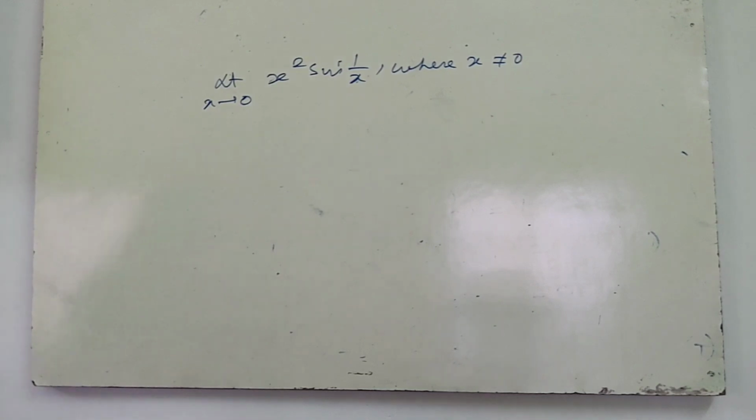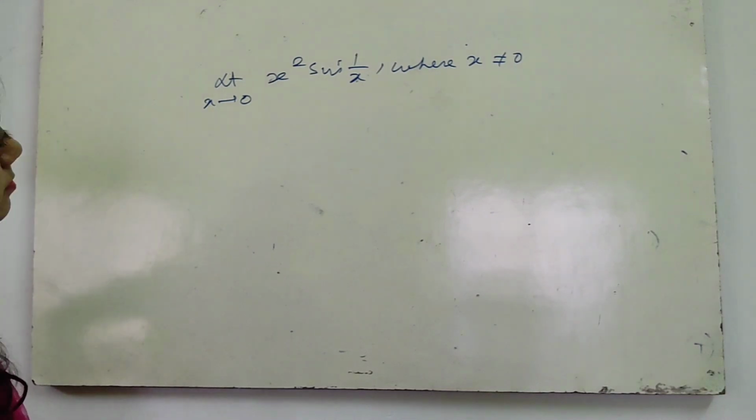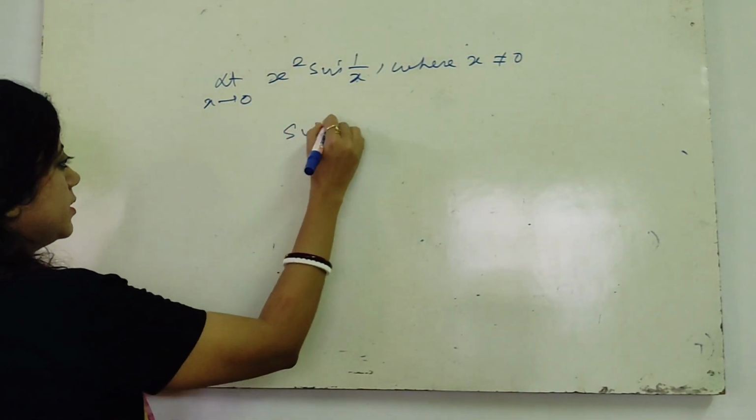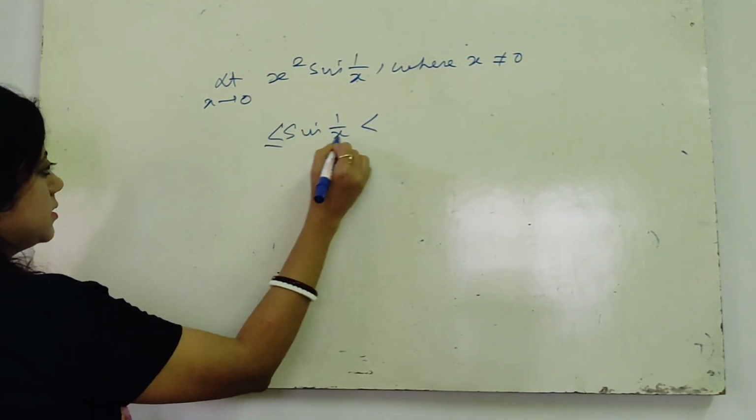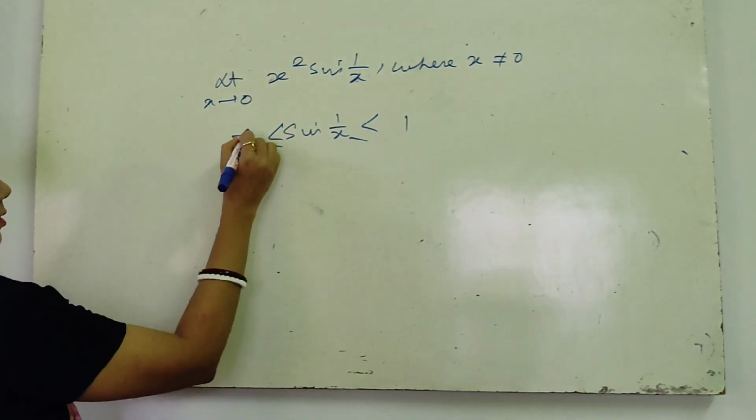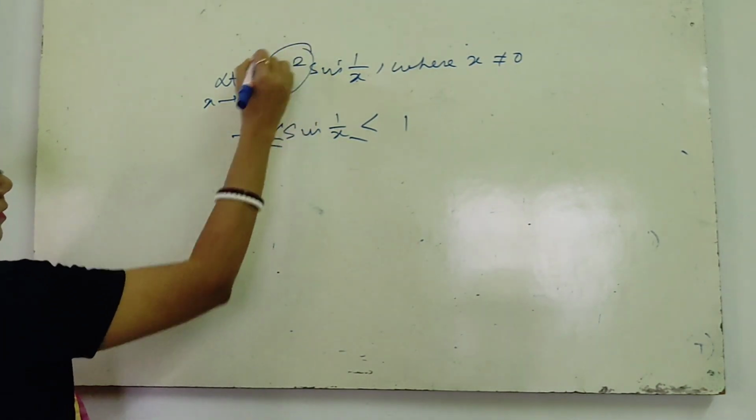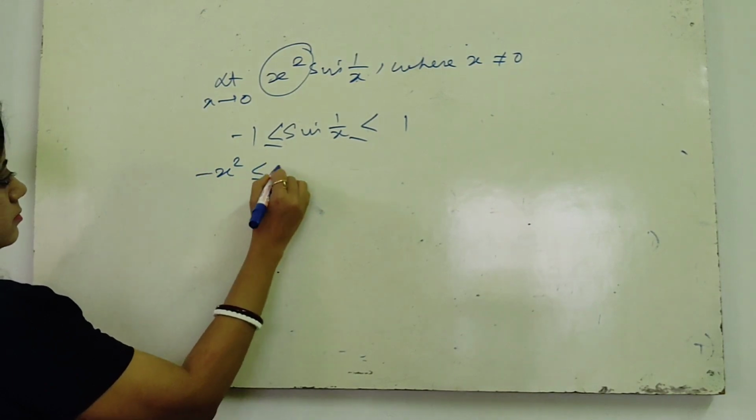The next example I have taken is the limit as x tends to 0 of x squared sin(1/x). In the same way we can write that sin(1/x) is less than or equal to 1 and greater than or equal to minus 1. Now I am multiplying x squared on both sides. Very simple.